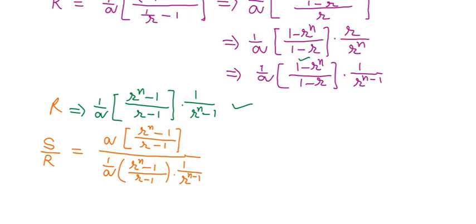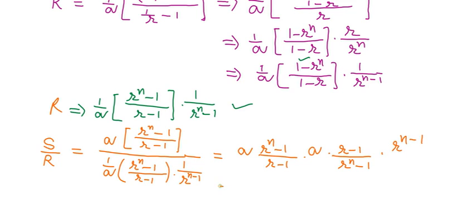Now see the calculation here again. This will be equal to a into r raised to the power n minus 1 upon r minus 1 into a into r minus 1 upon r raised to the power n minus 1, into r raised to the power n minus 1.